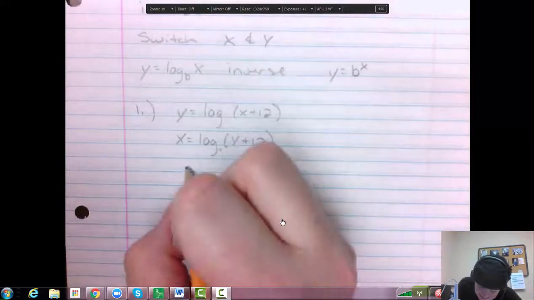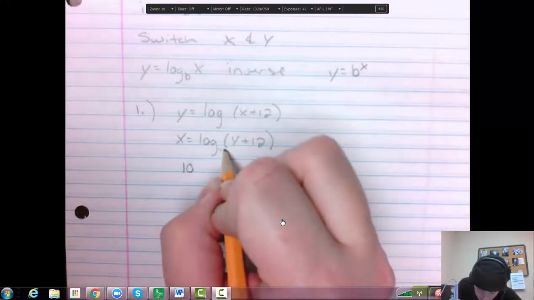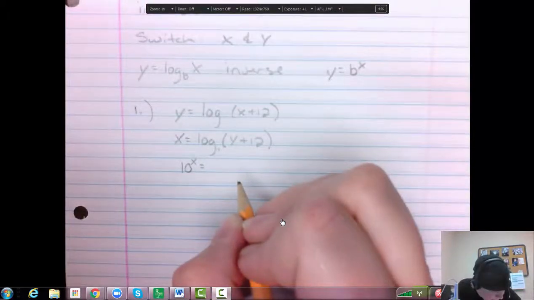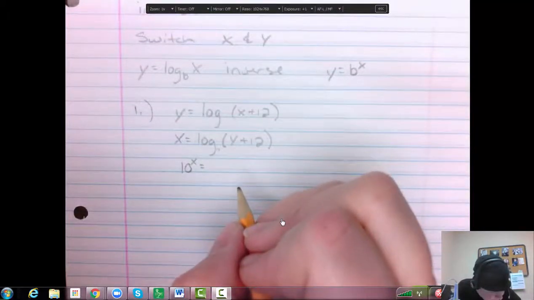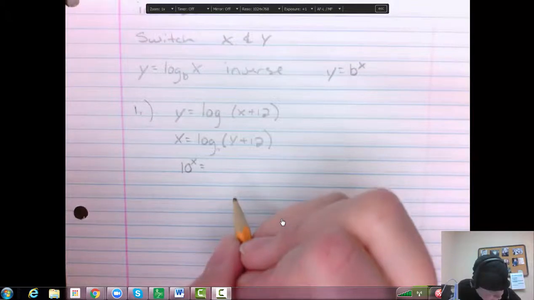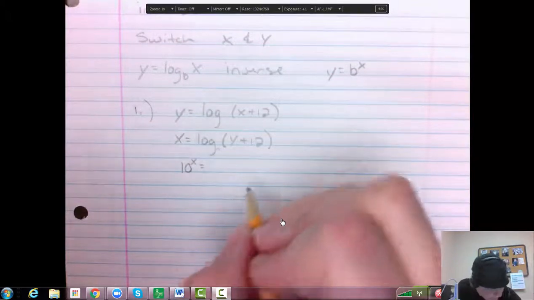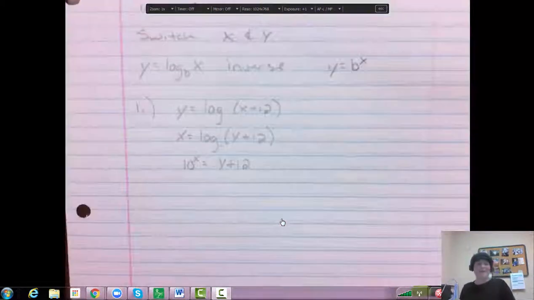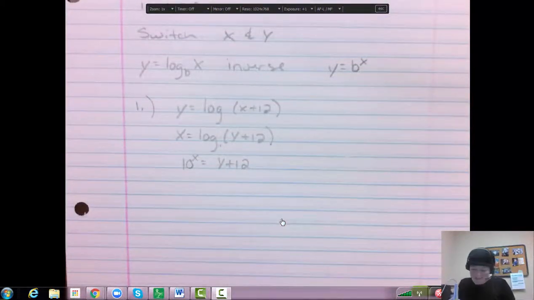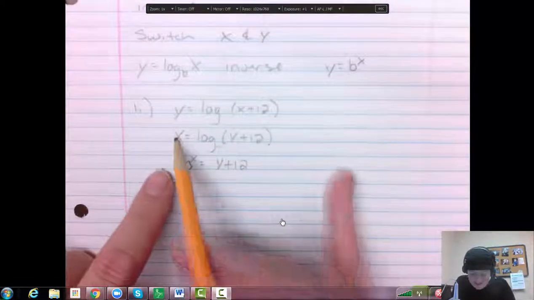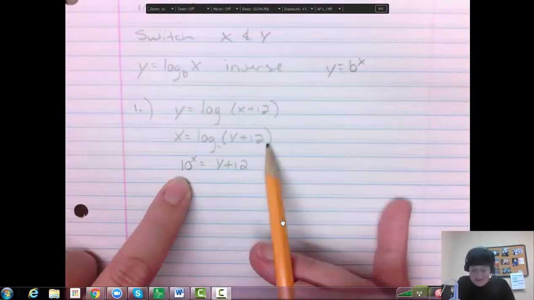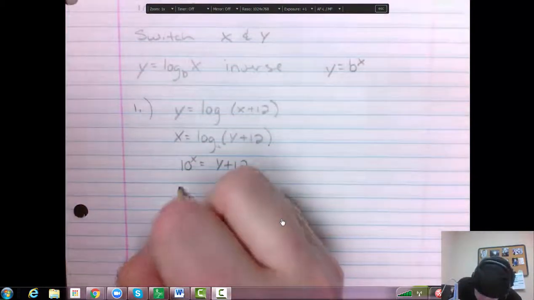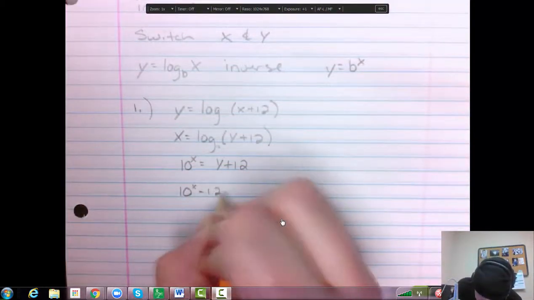So I'm going to say 10 to the power of x is going to equal, sorry, I lost my train of thought, y plus 12. I had written something wrong on my notes. So 10 to the x equals whatever's here. Now I'm still trying to solve for y, so I'm going to minus that 12 over. So I'd have 10 to the x minus 12 equals y.